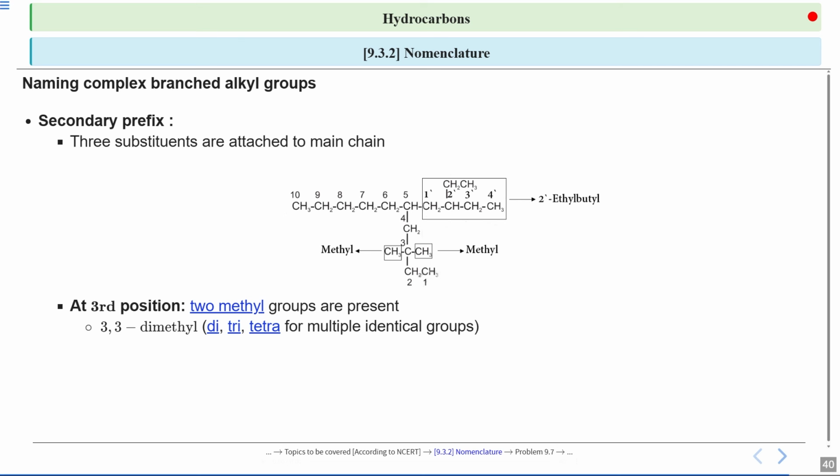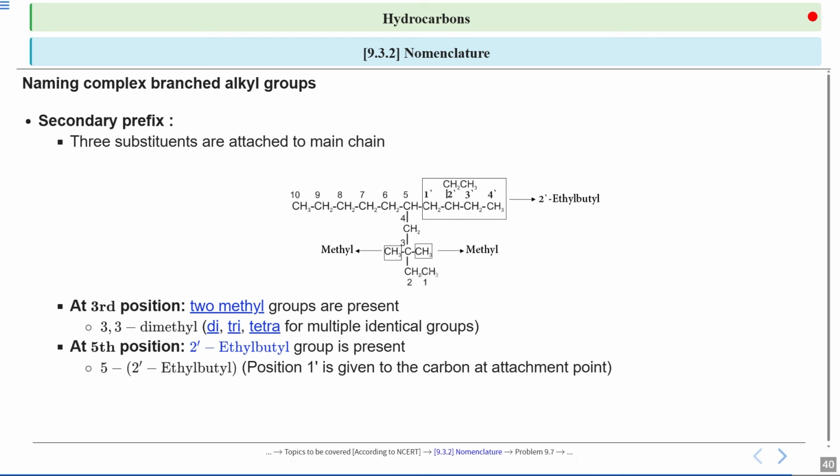Therefore, the complete name for the complex branching is 2-ethylbutyl. At the third position, we have 2 methyl groups, so 3,3-dimethyl. At the fifth position, we have this 2-ethylbutyl. Therefore, 5-(2-ethylbutyl). 5 is denoting the position of this complex branch, and 2-ethylbutyl is denoting the branches of the complex branching.